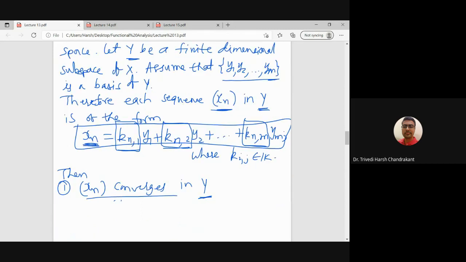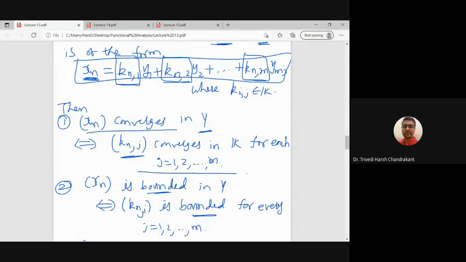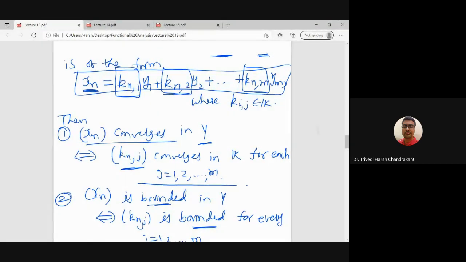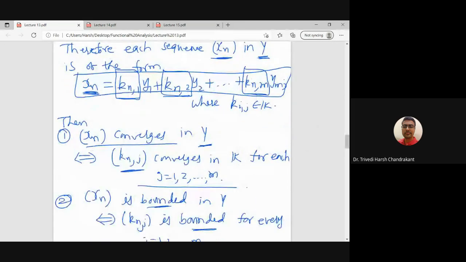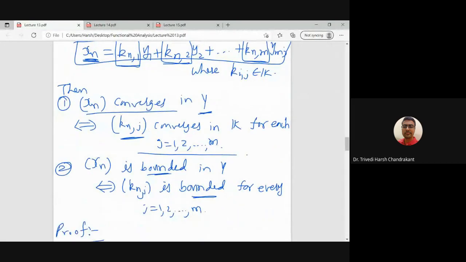Moreover, we have the result regarding the convergence of a sequence. Every sequence can be decomposed, we can write it as a linear combination of the basis elements, and that gives us the corresponding m sequences.